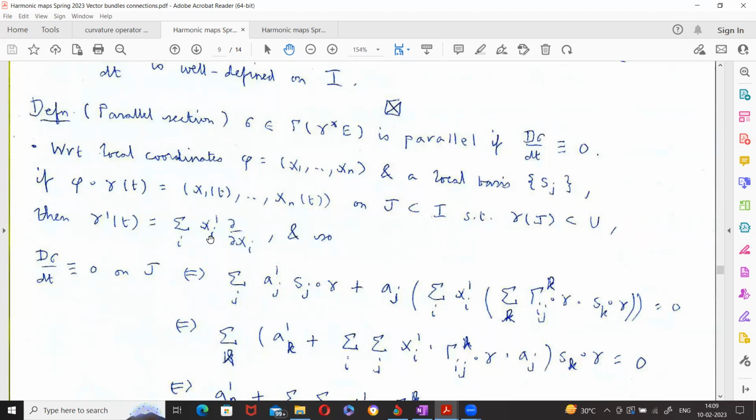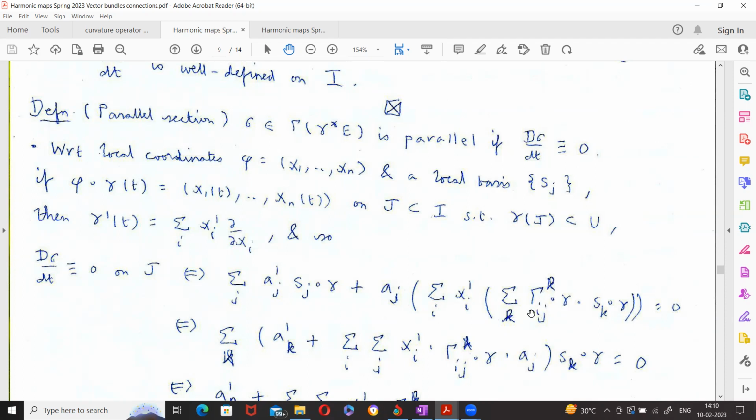Now nabla sub gamma prime of Sj will be what? By linearity of the connection in the first variable, that will become a sum over i of xi prime times nabla del del xi of Sj. That, remember, we can write in terms of the coefficients of the connection, the Christoffel symbols gamma ij k.